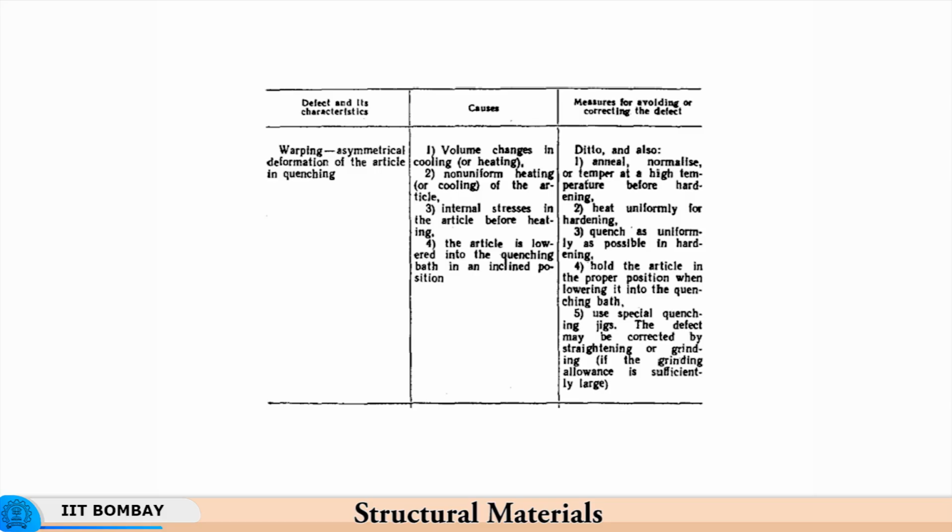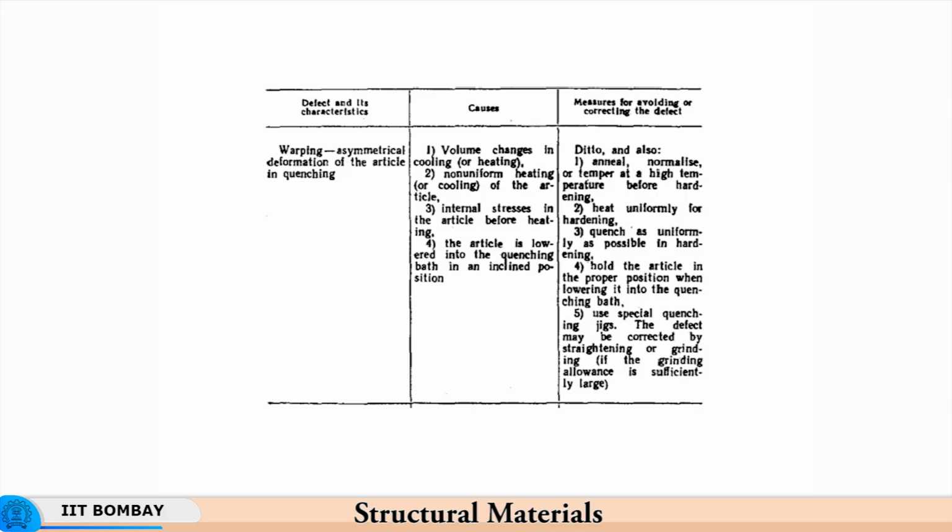So, again this is for uniform quenching. Use special quenching jigs. The defect may be corrected by straightening or grinding. Now, many times to avoid warp, you know that the article is going to warp.